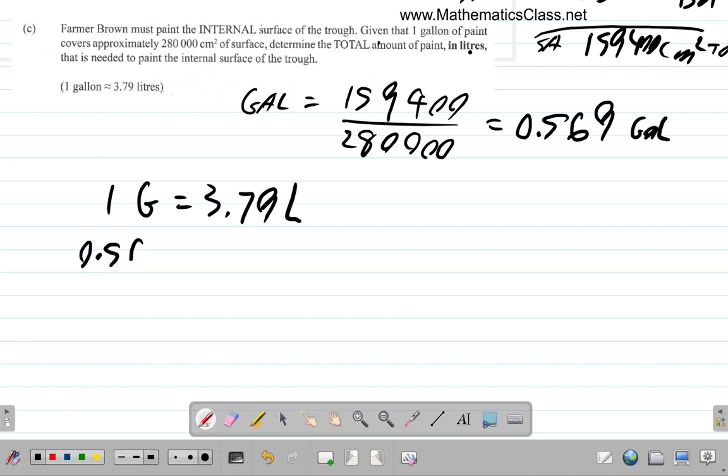So 0.5 gallon equals how many liters? All right, call it X liters. Now, if you have 1 times half, that gives you half. So you have to multiply the 3.79 by half as well. You see how that goes.